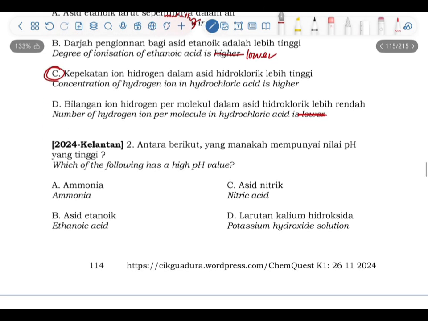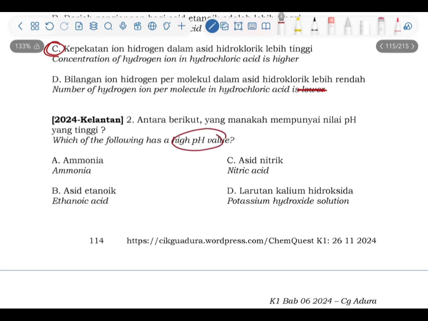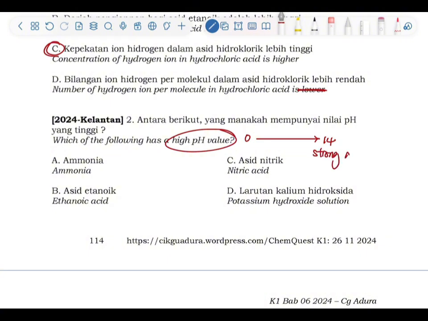Okay. Next question, which of the following has a high pH value? So you want a high pH value, right? And our pH value starts from 0 to 14. So it means that it wants us to find the substance which is a strong alkali. So the answer is D. Ethanoic acid is a weak acid.